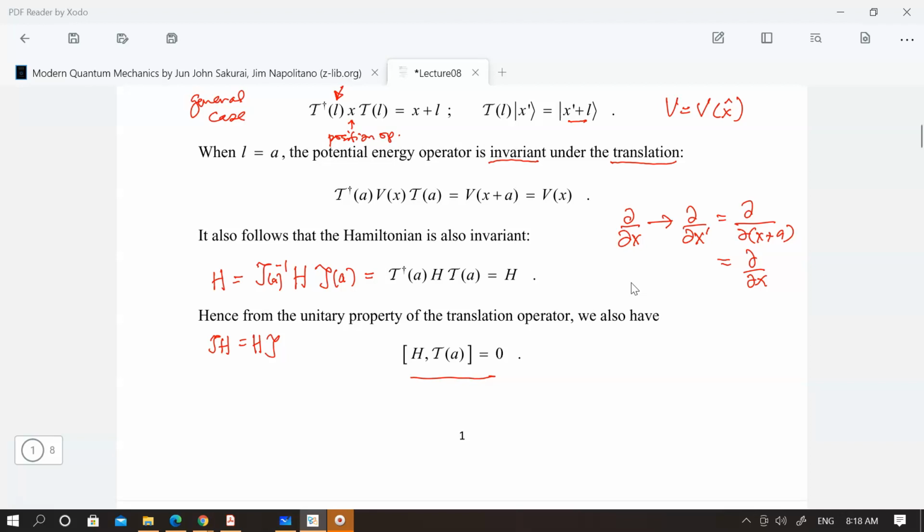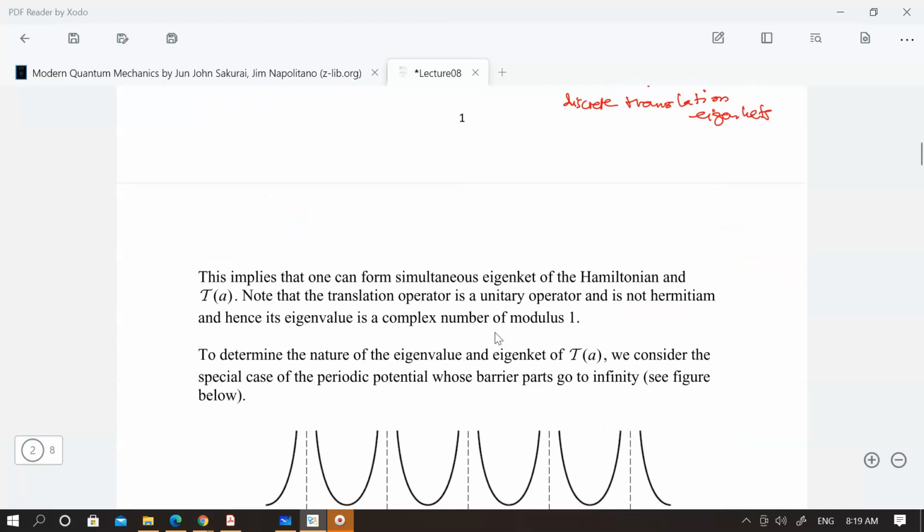So one should expect that your Hamiltonian eigenkets will also be translation eigenkets, the discrete ones.